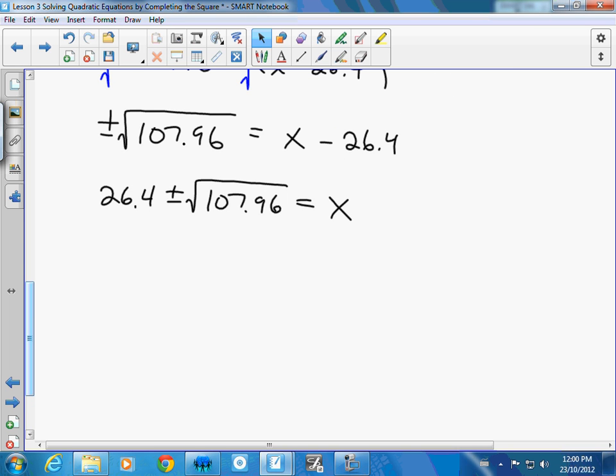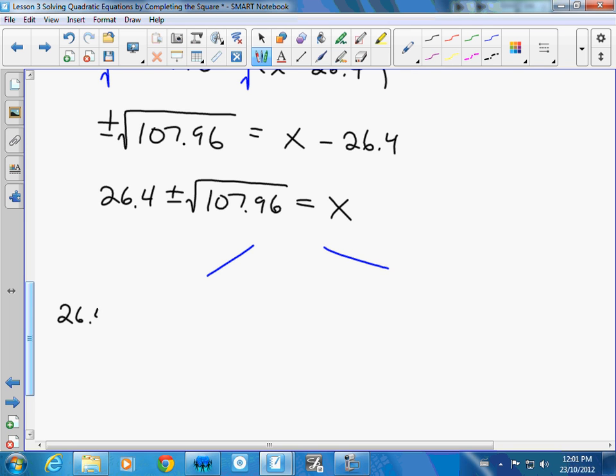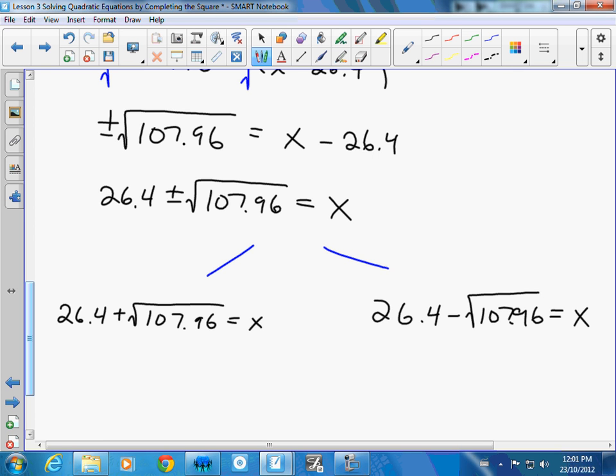How many possible answers? 2. So let's do it. Draw my line. There they are. Right? So 26.4 plus the square root of 107.96 equals x, and the other one is 26.4 minus the square root of 107.96 equals x. Now do the math for me. Actually grab your calculator, and do it.